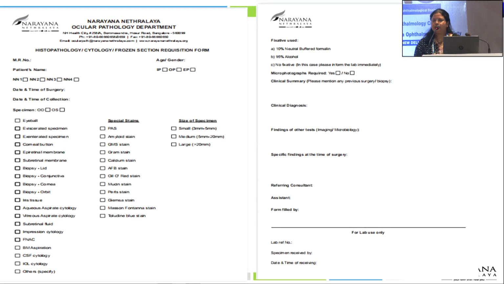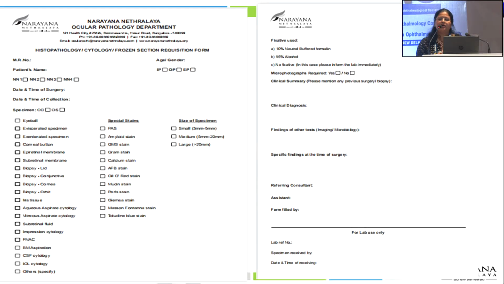Apart from the routine, many times people feel that just writing the patient's name and site means your work is done, but no. The clinical summary, the history, some information about what you're thinking, so that we can match up with the clinical diagnosis, gives us a channel to think. Also let us know about the imaging findings and any microbiology findings that will help.